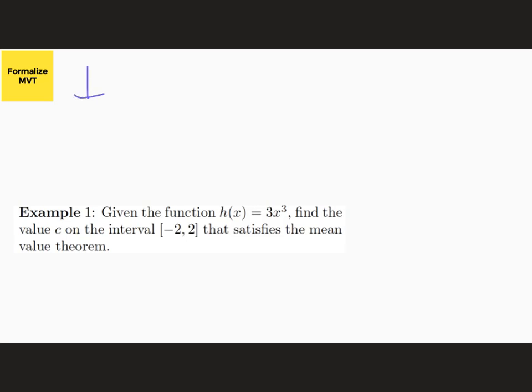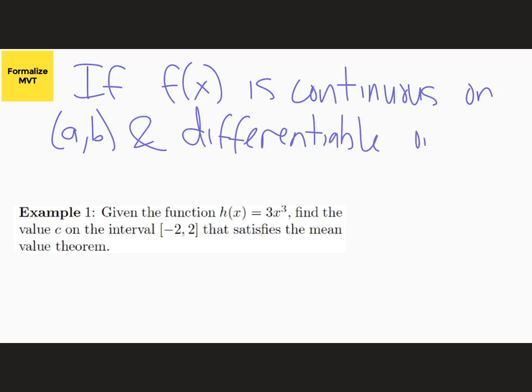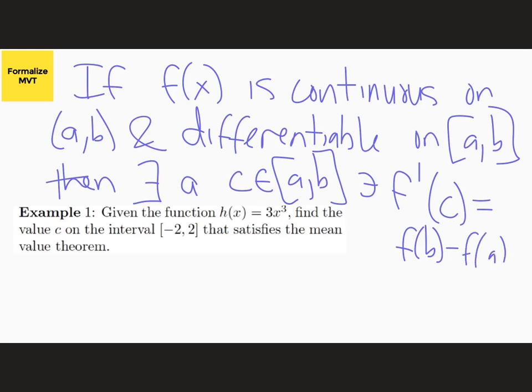So for MVT, if f is continuous, and write down the fanciness, on an open interval and differentiable on the closed interval AB, then there exists, that means there exists, a c, that's some x value, in the interval AB such that f prime of c equals f of b minus f of a over b minus a.